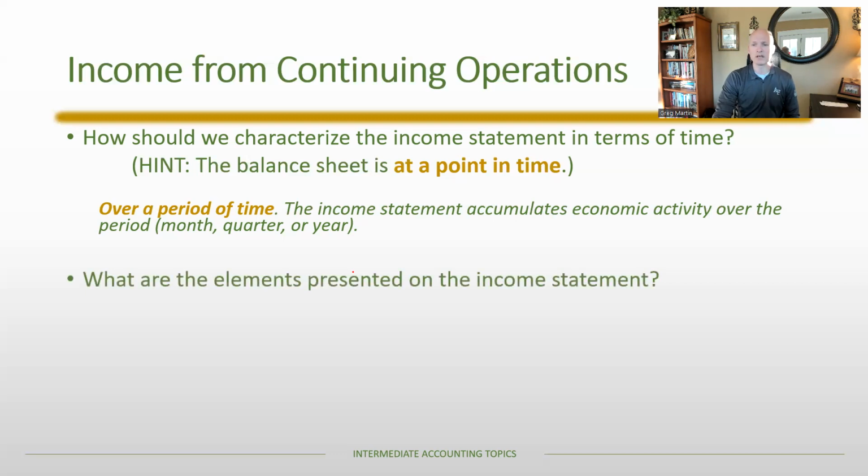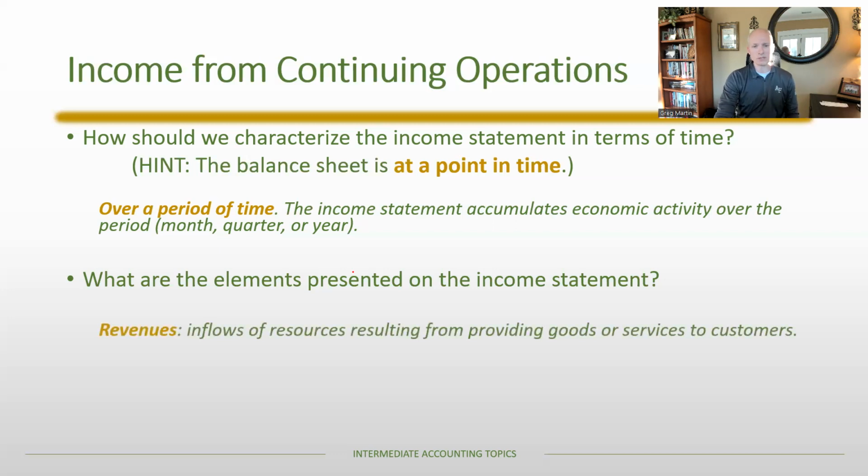There are some elements that are on the income statement. On the balance sheet, the elements were assets, liabilities, and permanent equity accounts. Again, anytime we come to one of these questions, feel free to pause and try to answer it. But there are essentially 4 elements, and we group 2 of them together. The primary element is revenues, which are inflows of resources from providing goods and services to customers.